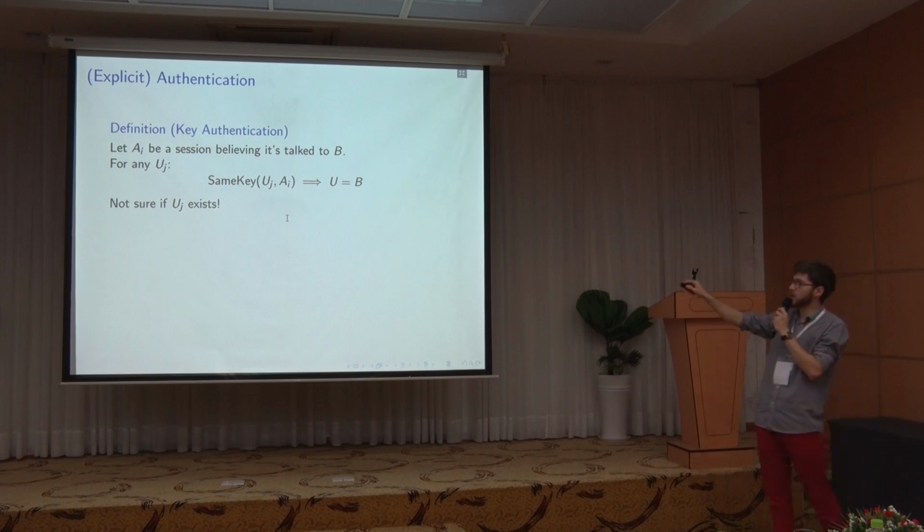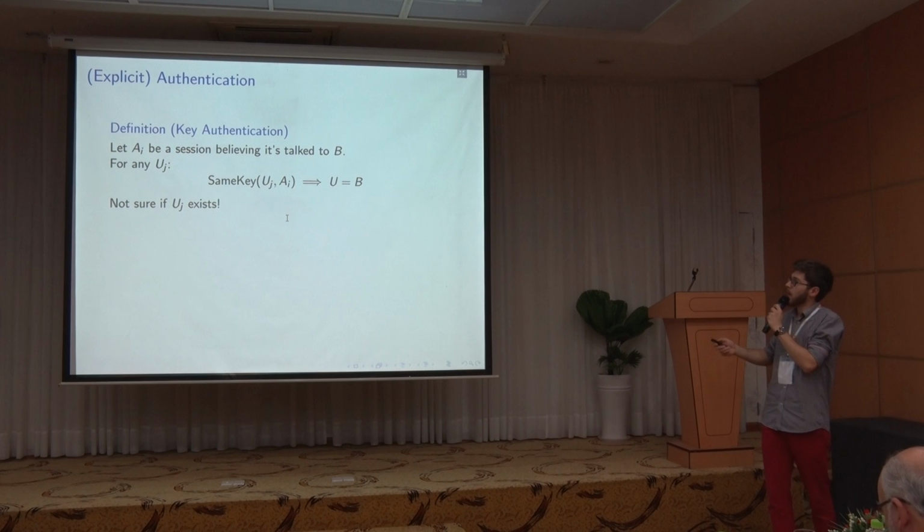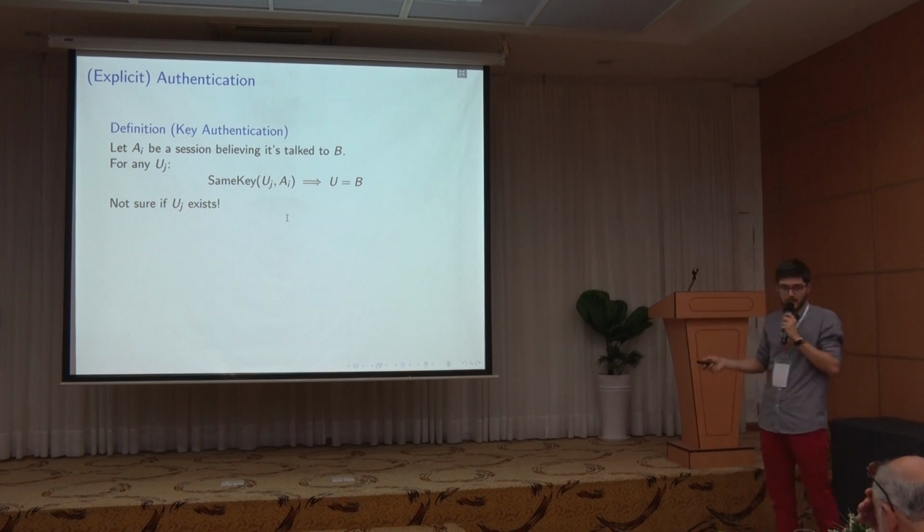So in this sense, we're not actually sure if a party U_j will exist, but party A will know that if he holds this key and someone else uses it later, it must be B, and he must be an instance of B. So this is what we call implicit authentication.